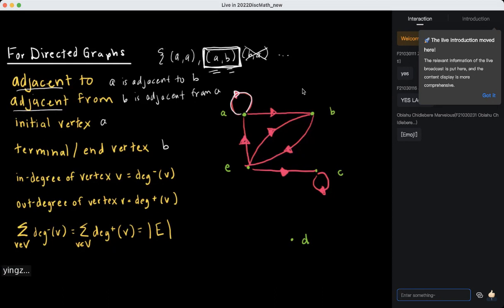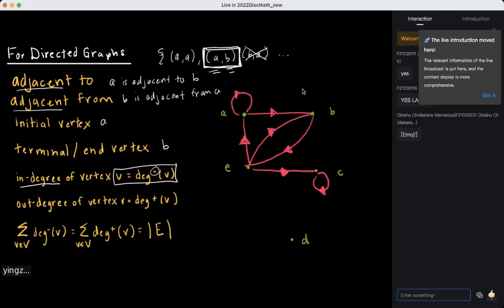Again, it's pretty easy terminology so far. Now let's talk about in degree and out degree. The in degree of a vertex, and again notice the notation, is adding up the degrees of the edges going into that point.